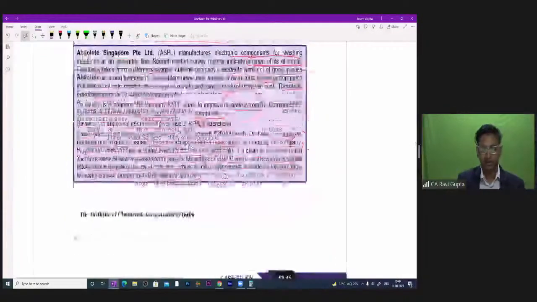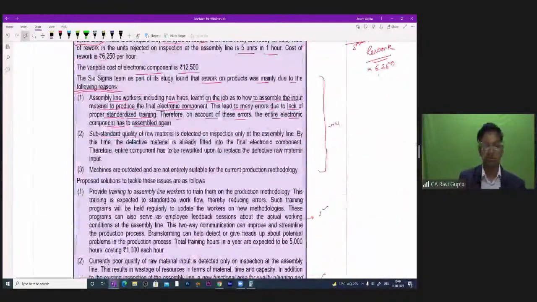So the Six Sigma team has said about their operation that assembly line workers, including new hires, learned on the job how to assemble the input material to produce the final electronic component. If a new learner is directly placed on the production floor, definitely they will make errors. So this is the reason why we are not able to produce quality products, because there are a lot of new workers, including new hires. They learned on the job. They are not given training, but they are learning on the job. So they are making errors.